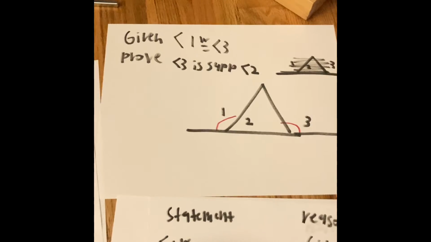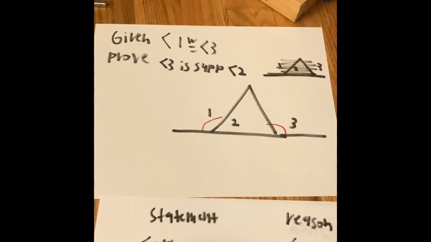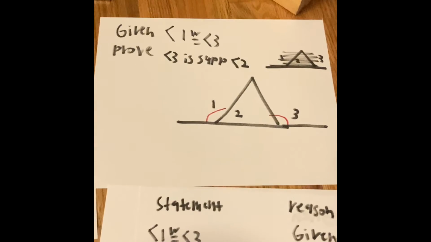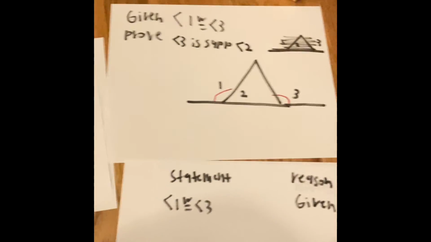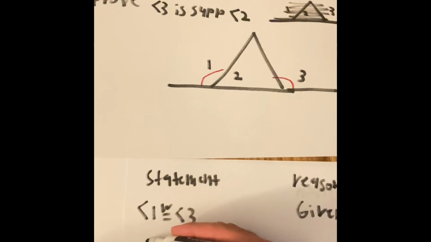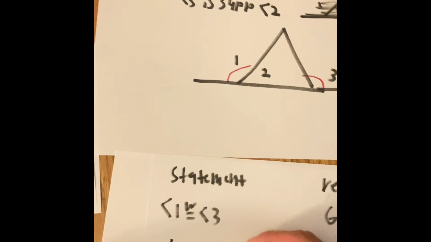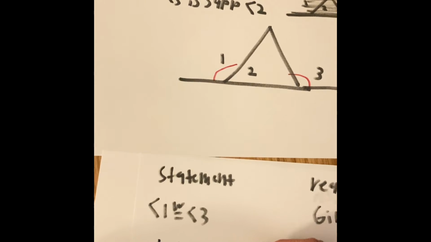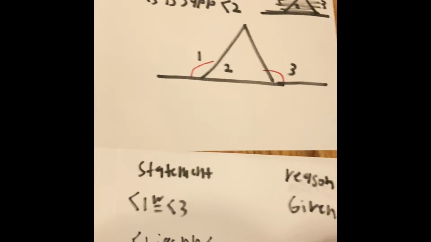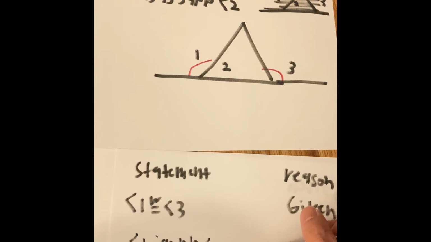Well, if we're trying to look for a supplement, and if we're trying to look for something to substitute in and replace, we're going to say that angle 1 is supplementary to angle 2.